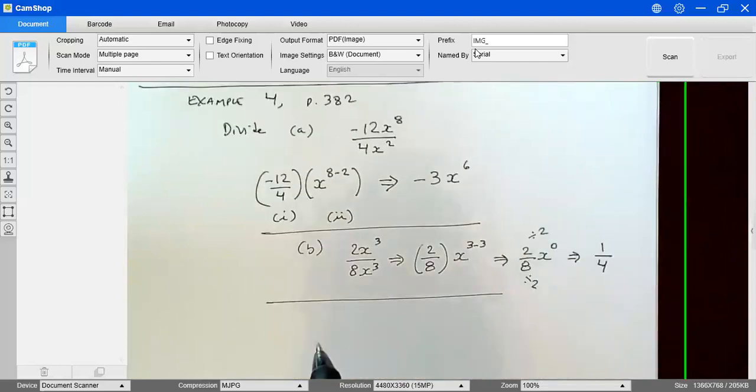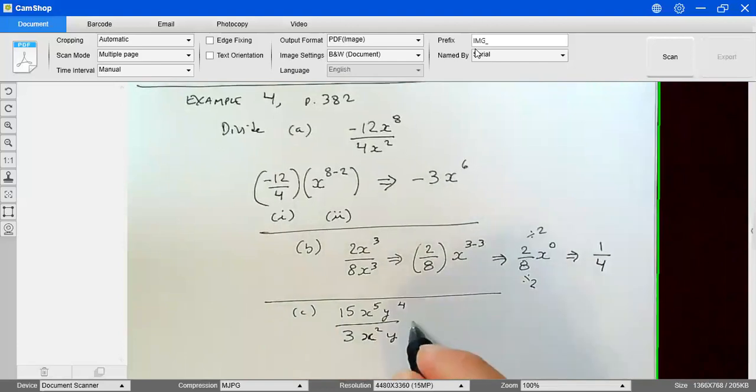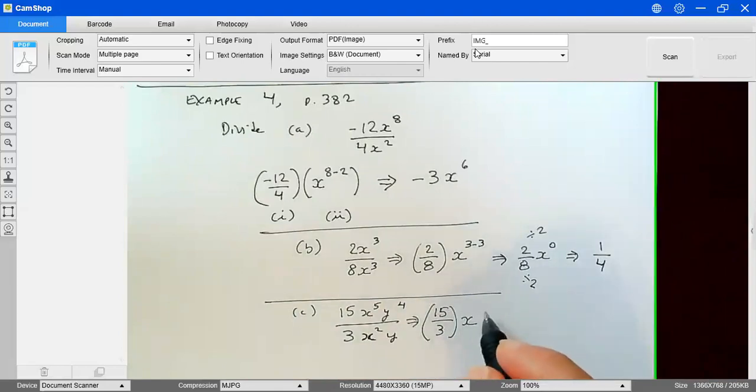So now another case is 15x to the 5th y to the 4 over 3x squared y. So first we divide coefficients, we divide variables. So for x, the exponent is going to be the difference, 5 minus 2.